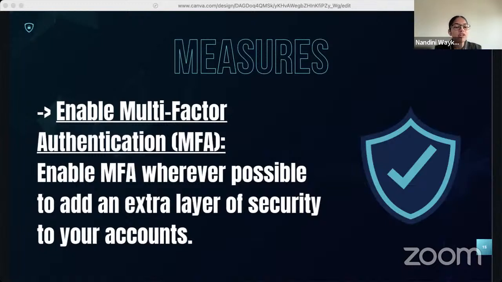Next, we have to enable multi-factor authentication, MFA in short. Enable MFA wherever possible to add one extra layer of security to your accounts. MFA requires a second form of verification, such as a code sent to your phone, in addition to your password. For example, we have Instagram.